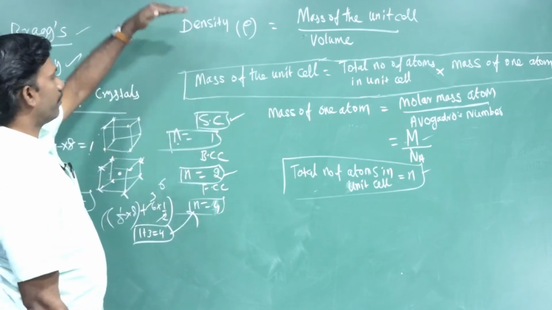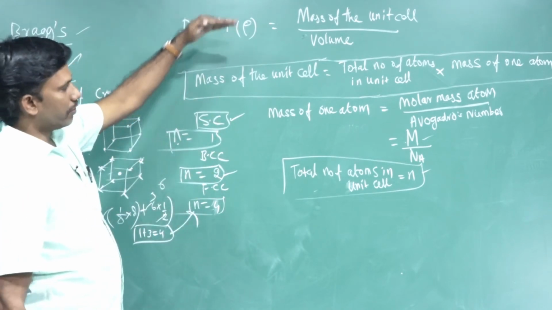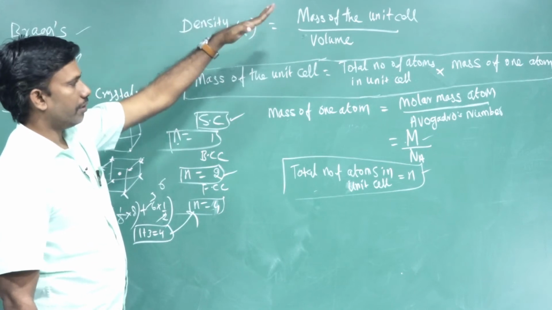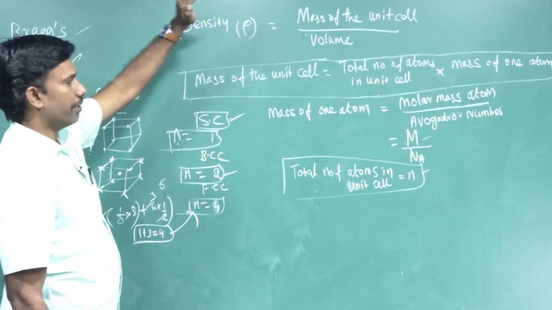Now let us go to the formula. Mass of the unit cell equals the total number of atoms in a unit cell times the mass of one atom.